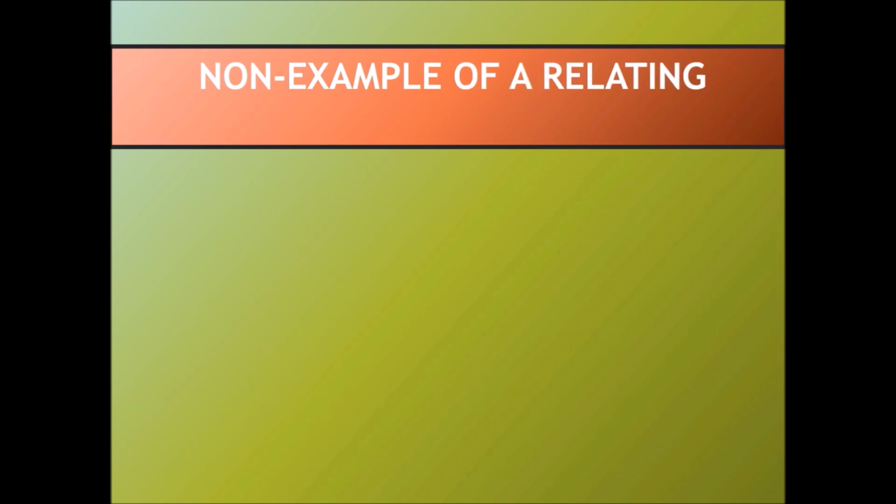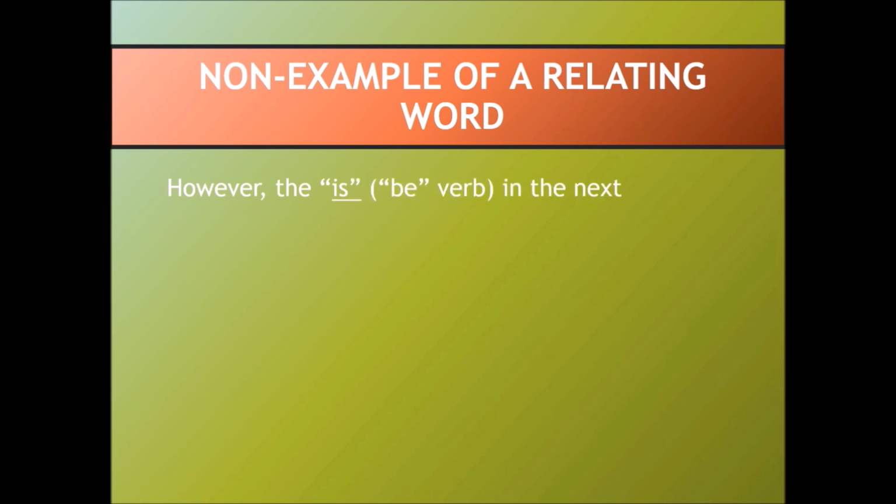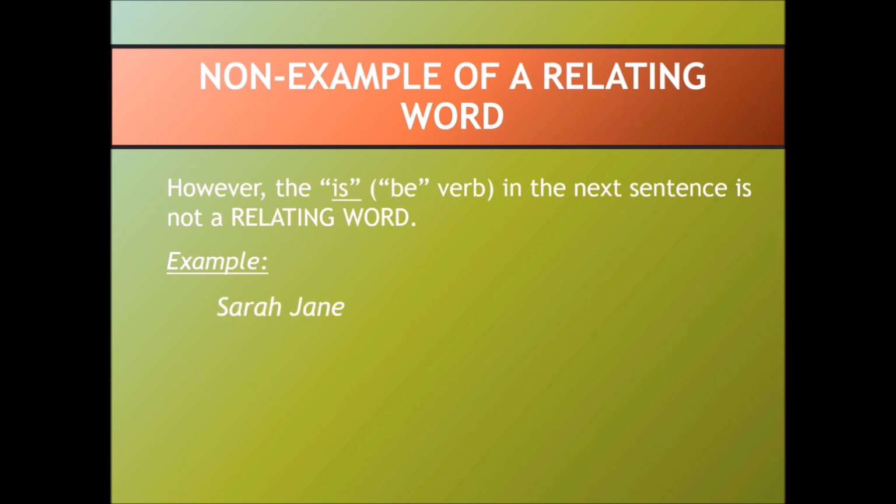Non-example of a relating word. However, the be form of the verb in the next sentence is not a relating word. Example: Sarah Jane is running fast.